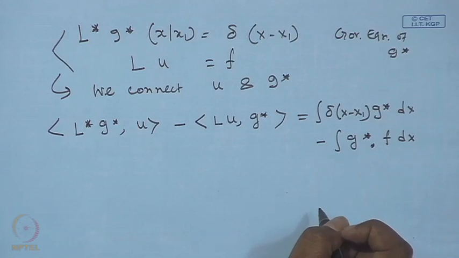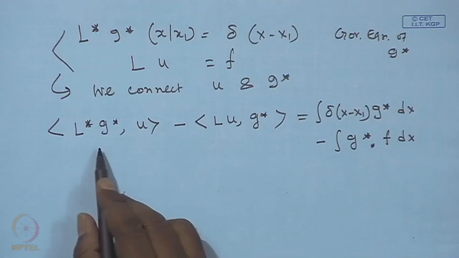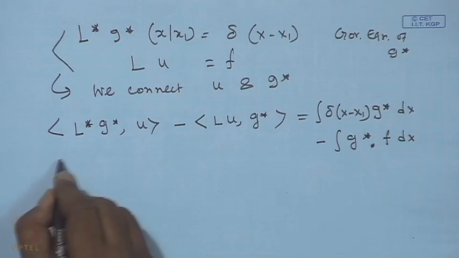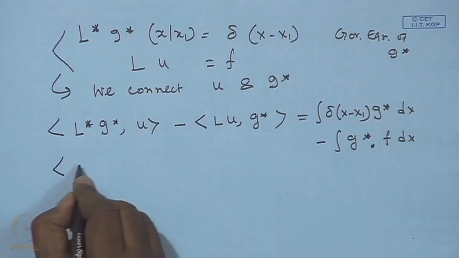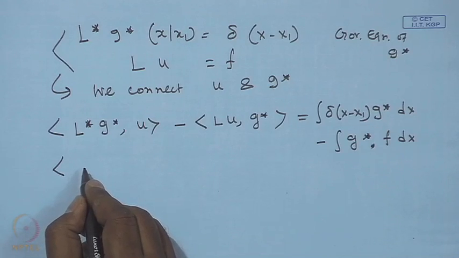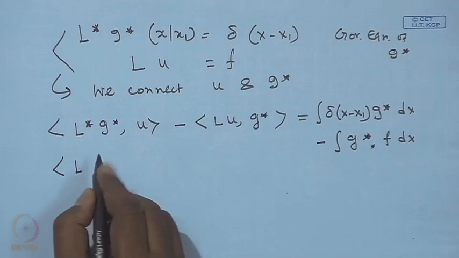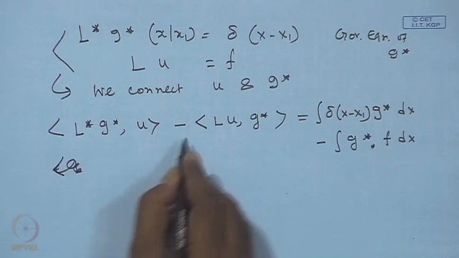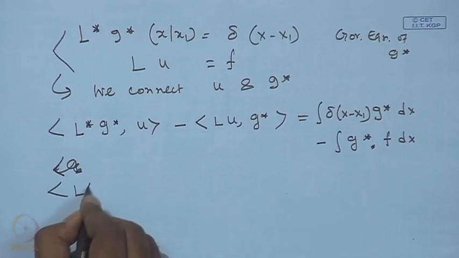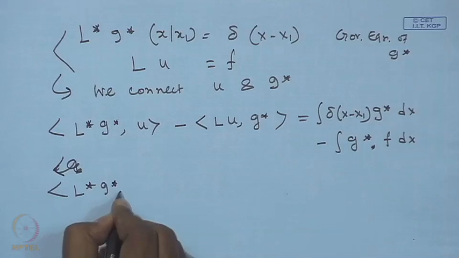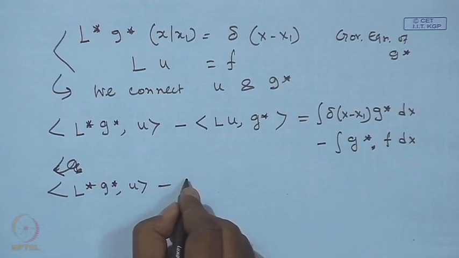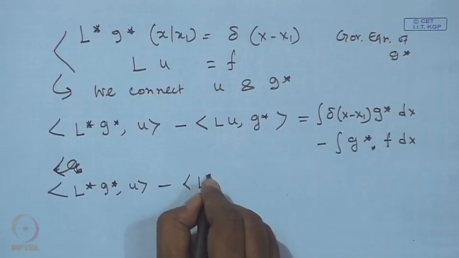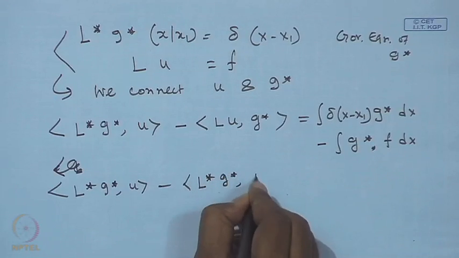Okay. So, if you open up this equation as we have done earlier, the inner product of u and L star G star is nothing but L u, or you can even do it the other way.